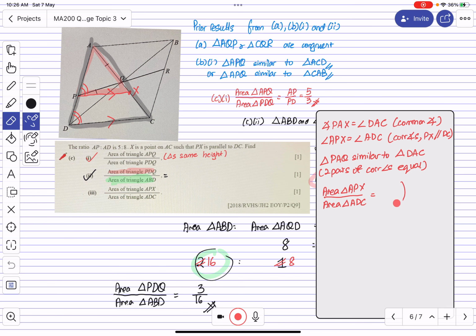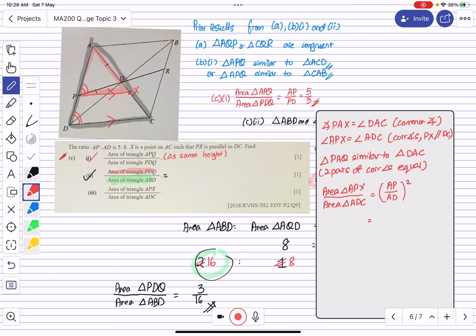Let me write it properly here, this is a bit messy. This is AP over AD squared, because these two triangles are similar, therefore the area ratio is the square of the side ratio. Now, this is just 5 over 8. Remember just now this was 5 units and this was 8 units as stated by the question. Which is the same as 25 over 64. And that's the answer for part 3.